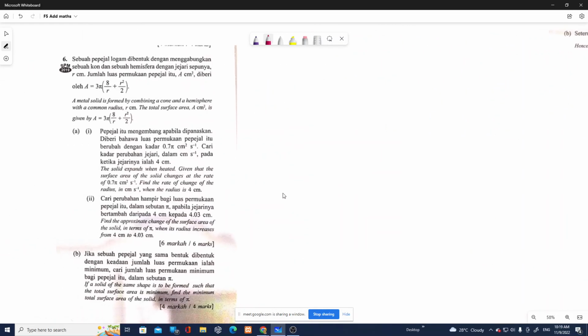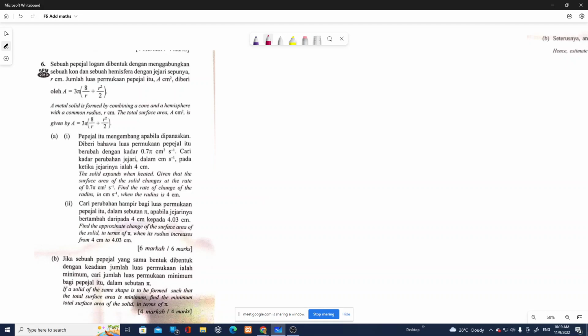A metal solid is formed by combining a cone and a hemisphere with a common radius. The total surface area is given there. The solid expands when heated, given that the surface area of the solid changes at the rate of 0.7 pi.